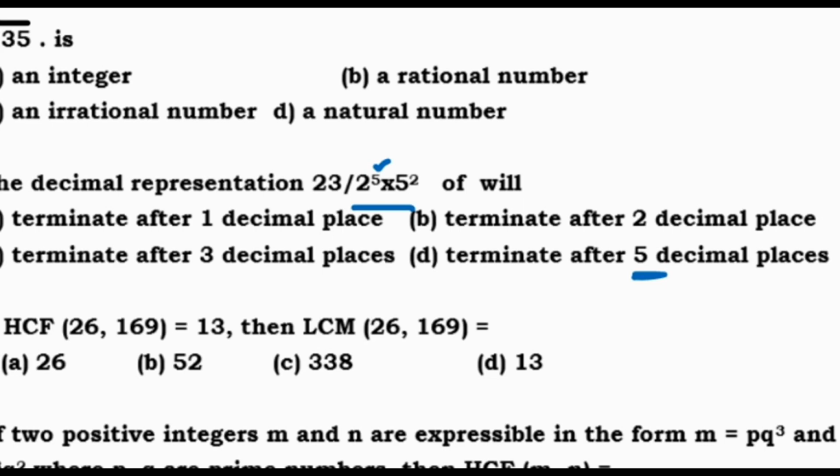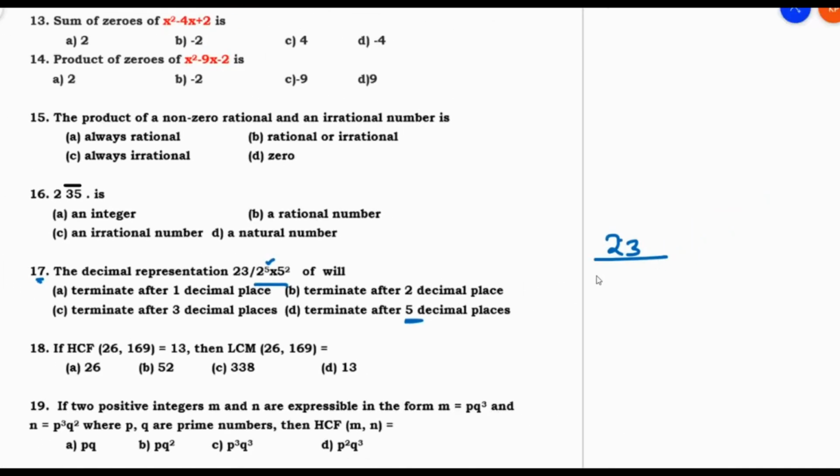We'll see the procedure. 23 by 2 power of 5 into 5 power of 2. To make the powers equal, I have to multiply both numerator and denominator with 5 power of 3, to convert 5 power of 2 to 5 power of 5. So 23 into 5 power of 3, which is 125, divided by 2 power of 5 into 5 power of 5.